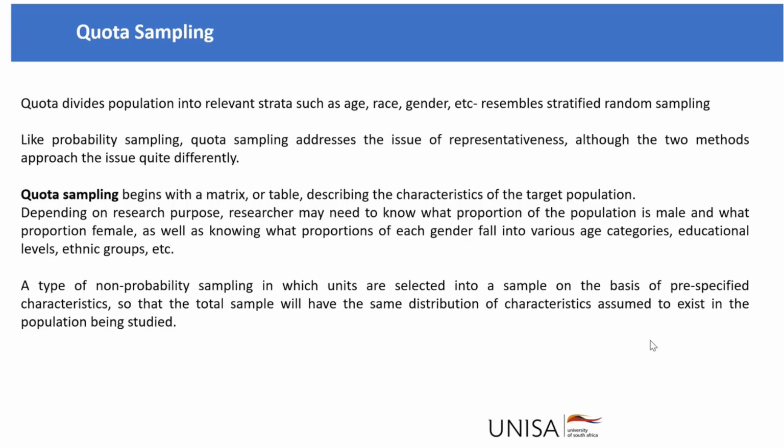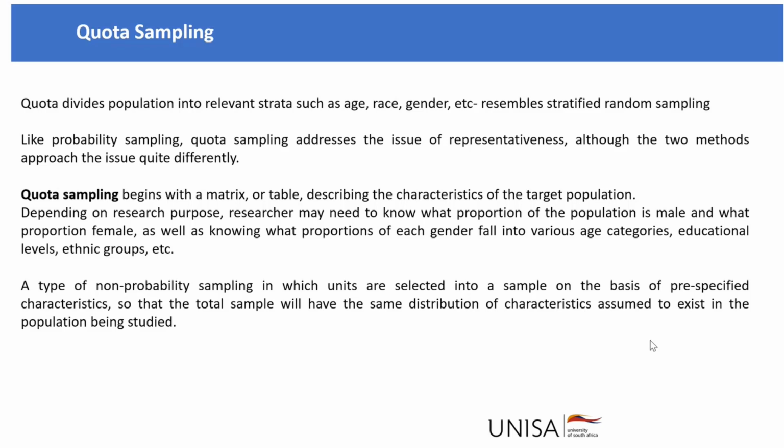Quota sampling begins with a matrix or a table describing the characteristics of the target population. So you look at the population in totality, and depending on the research purpose, you may need to know what proportion of the population is male and what proportion is female, as well as what proportion of each gender falls into various age categories, educational levels, ethnic groups, and so forth.